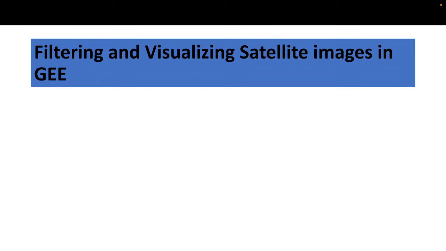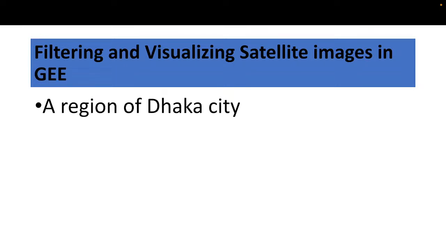Okay, suppose the first factor is your region of interest. Basically, which area you need this satellite image for. Suppose I need the satellite image for Dhaka city. So this Dhaka city region is one kind of factor for filtering.